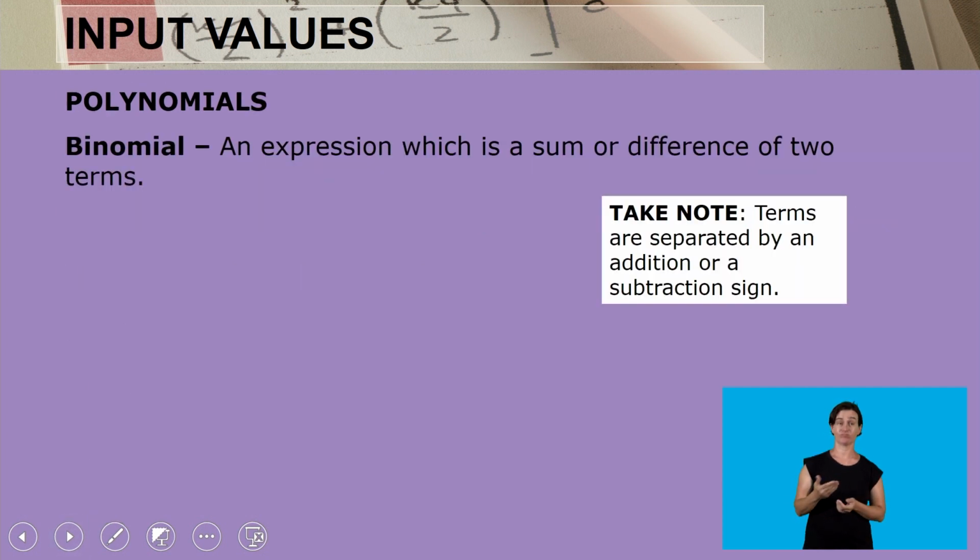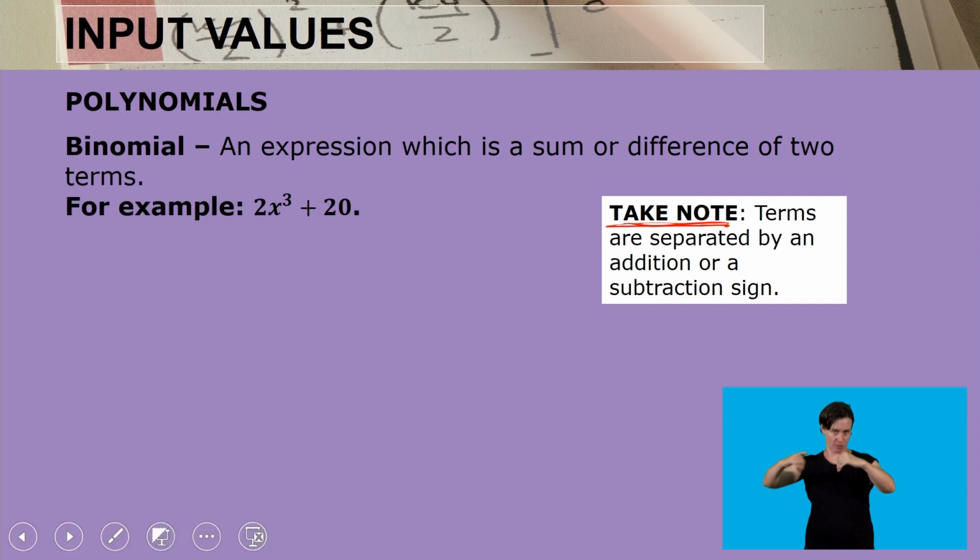What about a binomial? A binomial is an expression which is a sum or difference of 2 terms. Take note, remember the addition and the subtraction sign is the one that separates our terms. Let's look at an example of a binomial. We have 2x cubed plus 20.